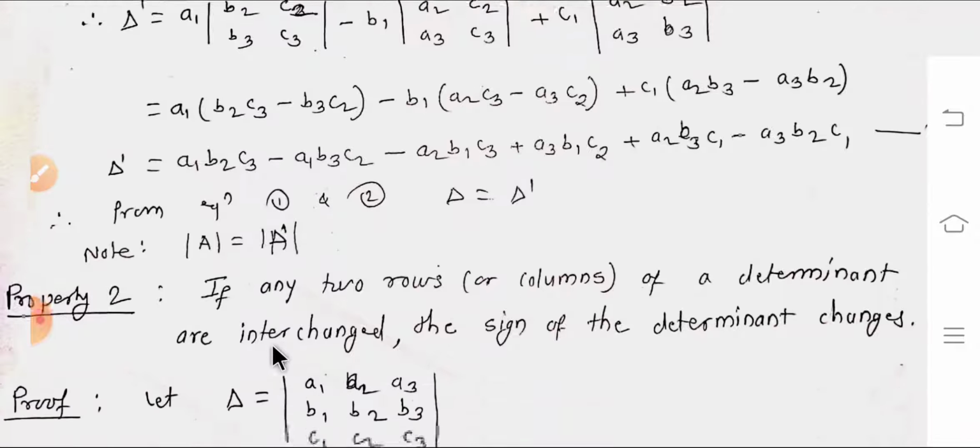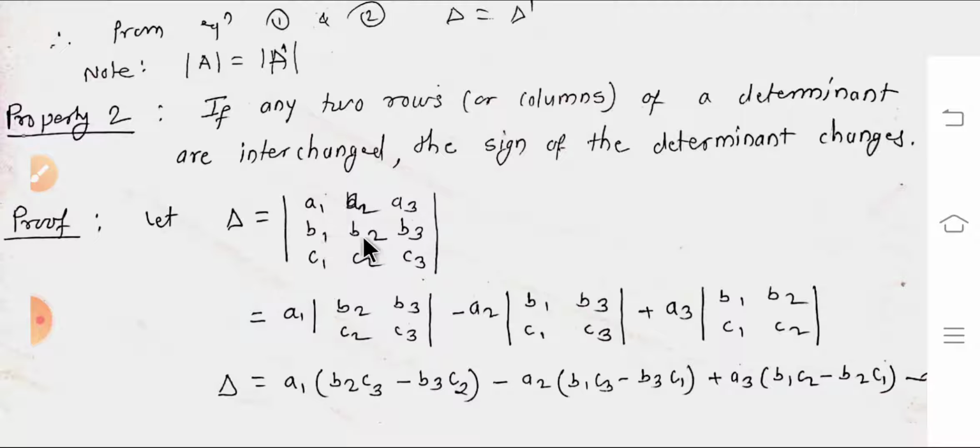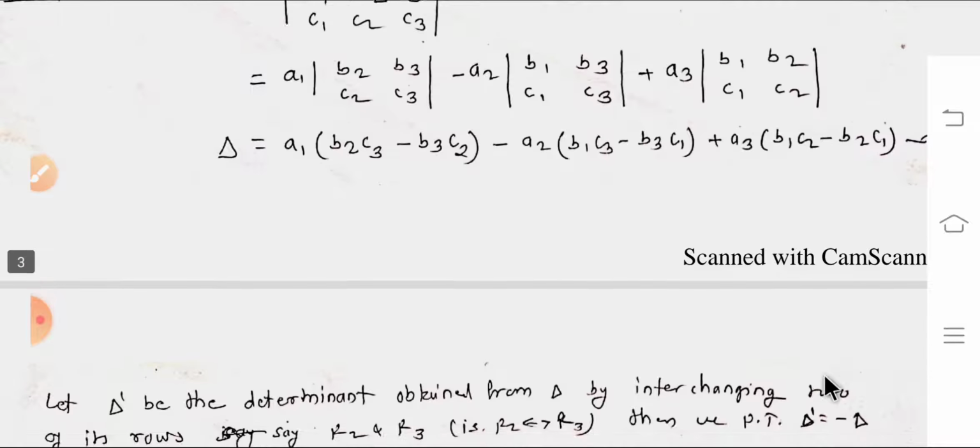By expansion, it is a1 determinant of b2 b3 c2 c3 minus a2 determinant of b1 b3 c1 c3 plus a3 determinant of b1 b2 c1 c2. Expanding, delta equals a1 into bracket b2 c3 minus b3 c2, minus a2 into bracket b1 c3 minus b3 c1, plus a3 into bracket b1 c2 minus b2 c1. Consider this equation 1.